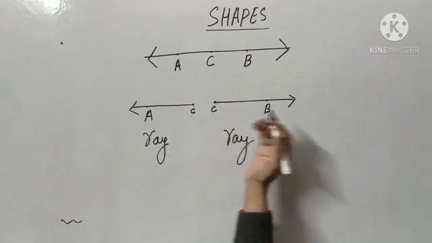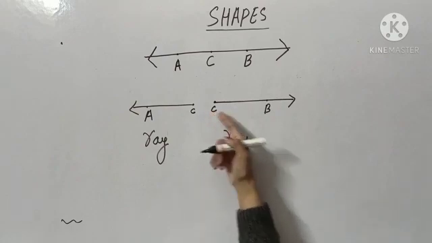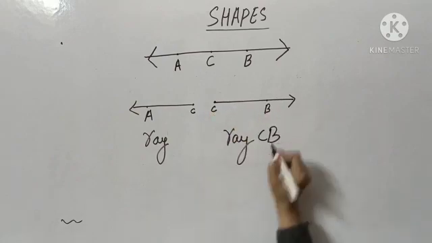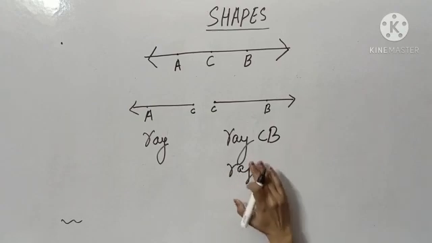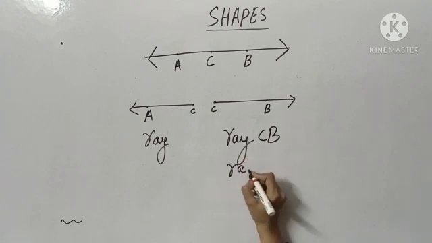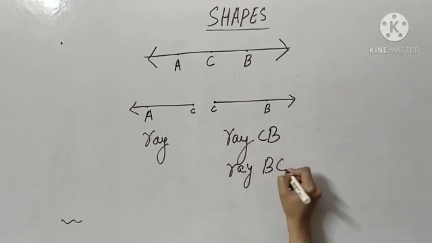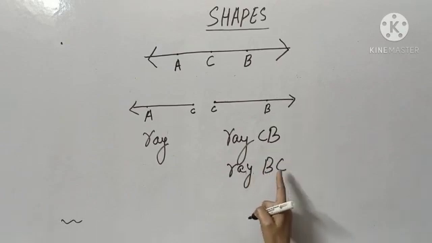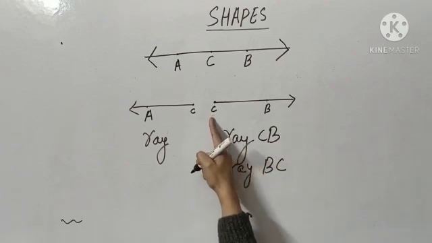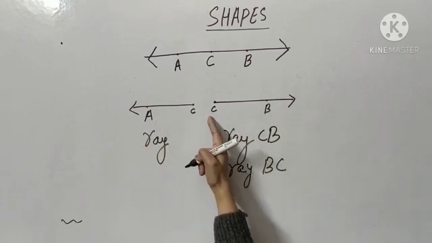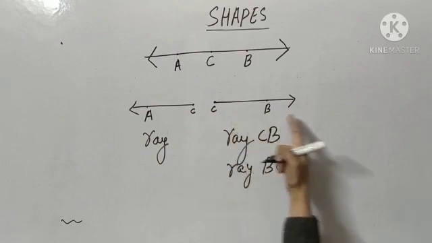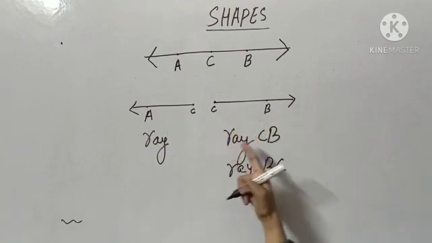So what is the name of this ray? Ray CB. I cannot write ray BC. Why? Because C is the end point. This ray is not extending in this direction. This ray is extending in the direction of B. So its name will be ray CB.